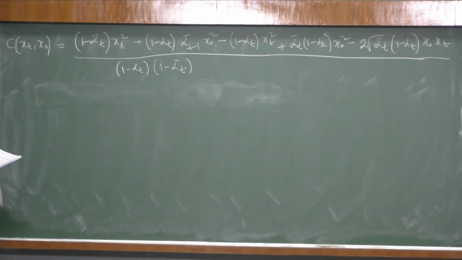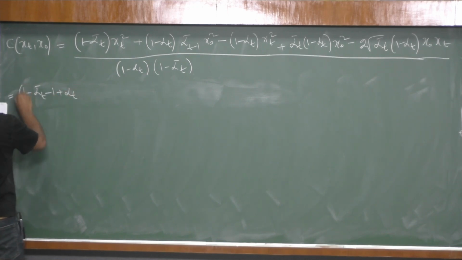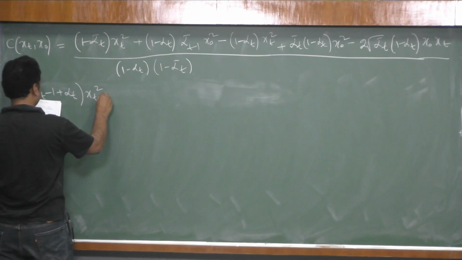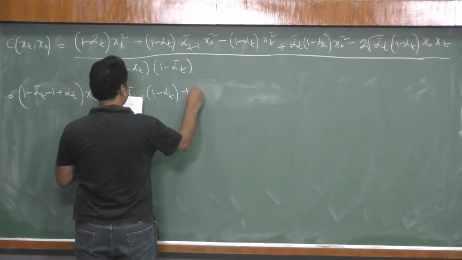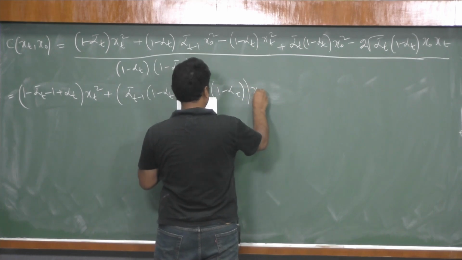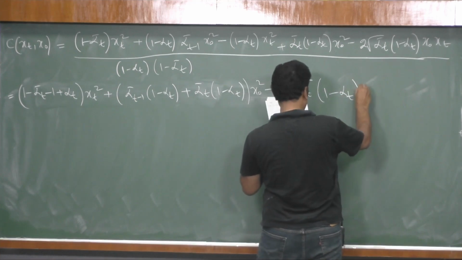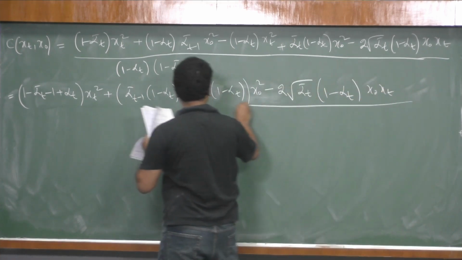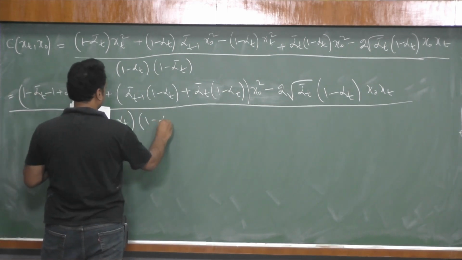So now we will take xt square common, alpha bar t minus 1 plus alpha t, xt squared, plus alpha bar t minus 1 alpha t alpha bar t alpha t, and then x naught square, minus 2 alpha bar t 1 minus alpha t x naught xt, and then 1 minus alpha t, 1 minus alpha bar t.